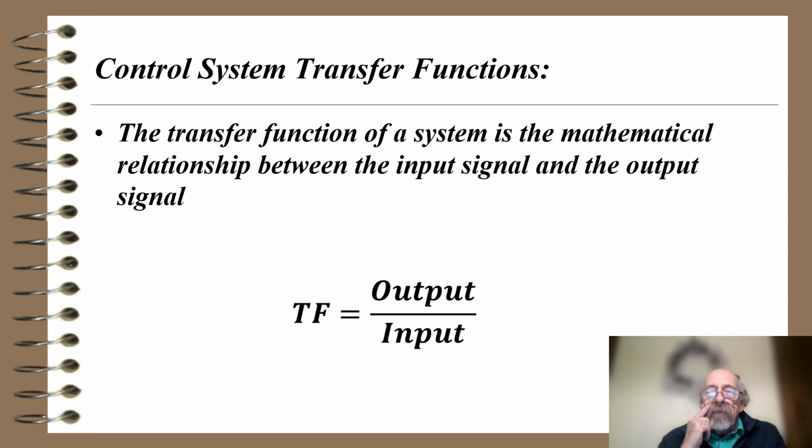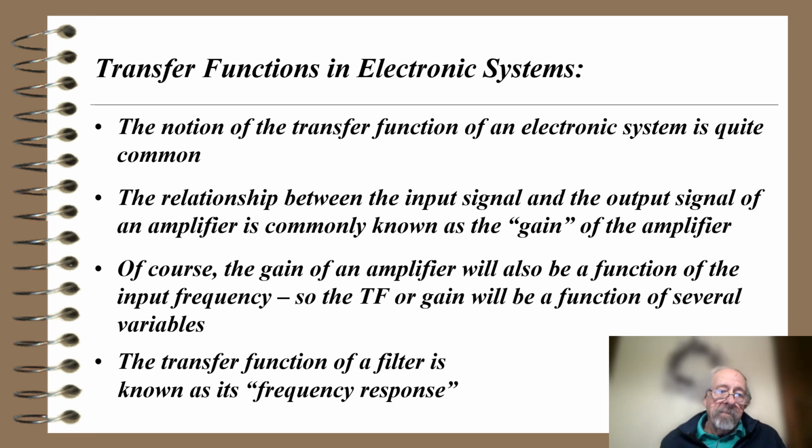Now, any control system will have a transfer function. A transfer function of a system is a mathematical relationship between the input signal and the output signal. Shown in this equation, transfer function equals output over input. The notion of a transfer function of an electronic system is quite common.